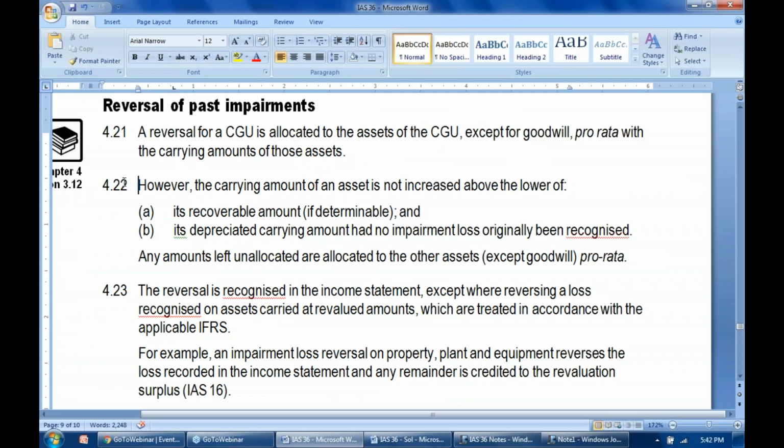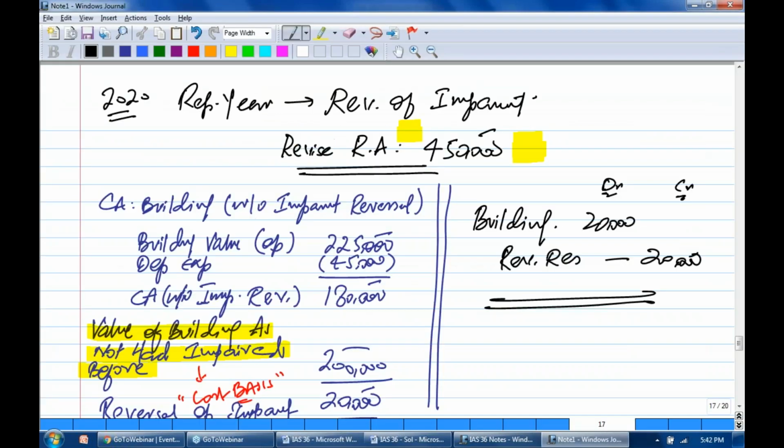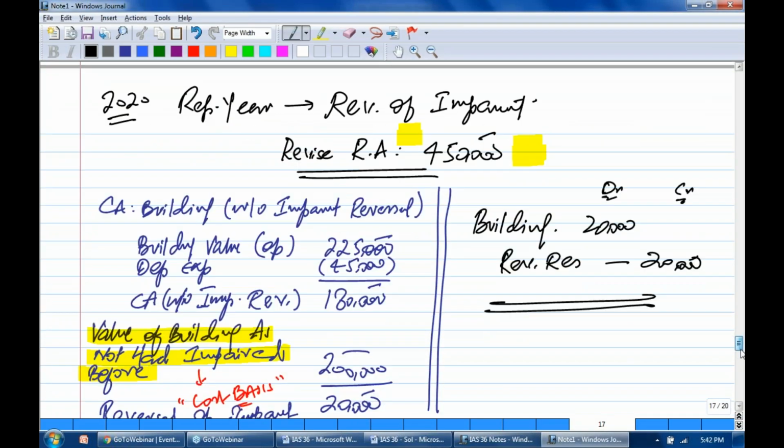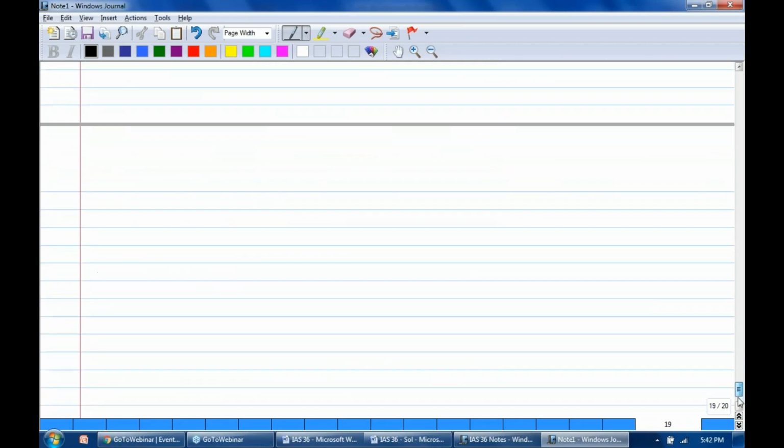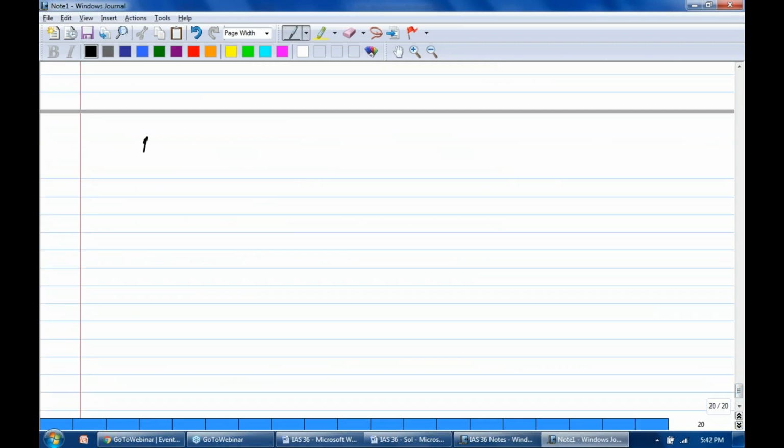Number one, 4.22. However, the carrying amount of the asset is not increased above the lower of the recoverable amount, if determinable, and the depreciated carrying amount had no impairment loss originally been recognized. This means, yes, number one, our new recoverable amount is 450,000.